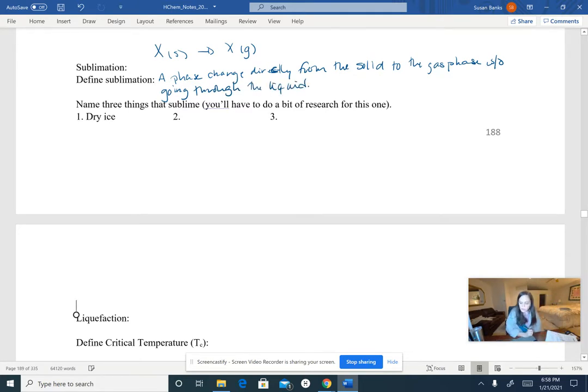Okay, so we don't ever see the liquid phase at all when something sublimes.